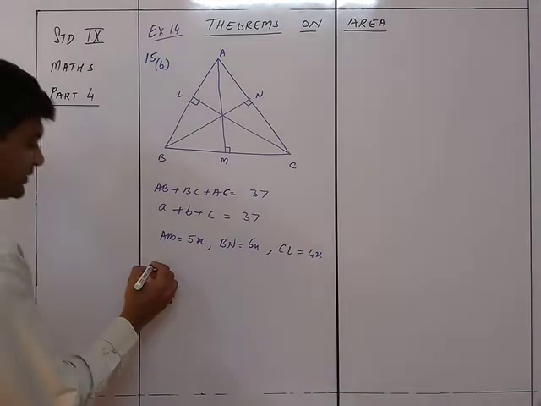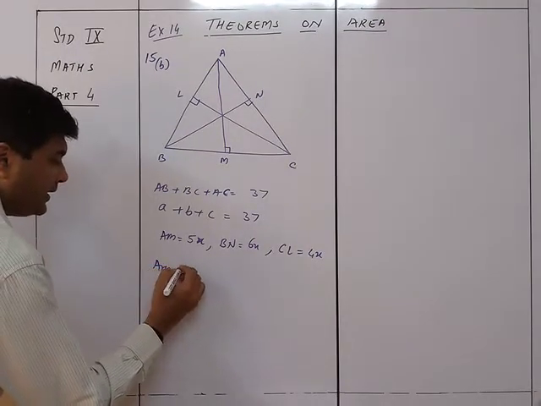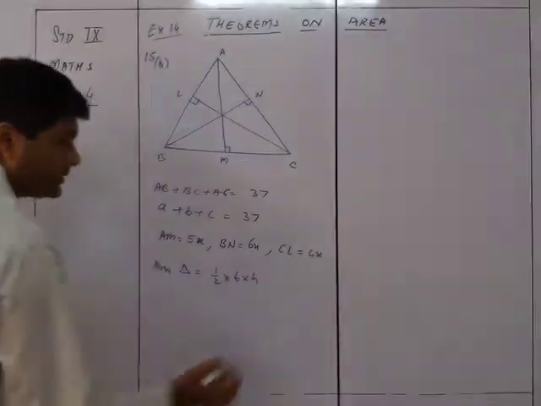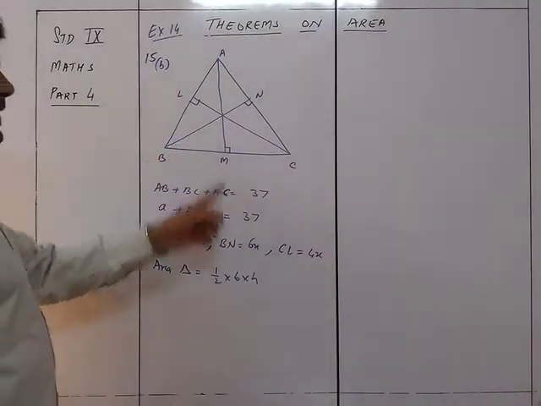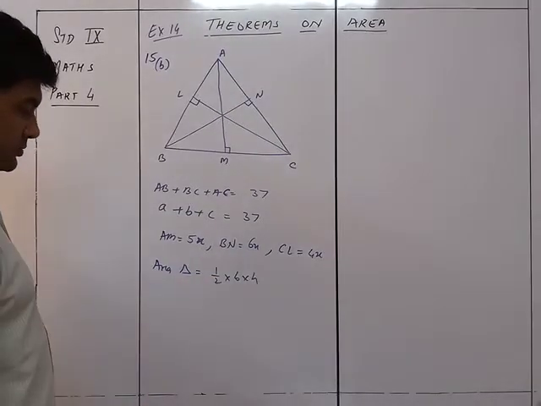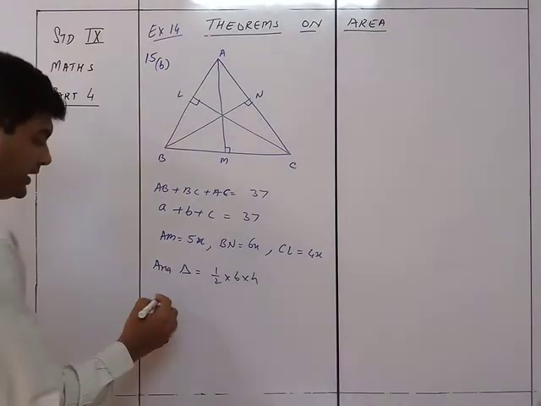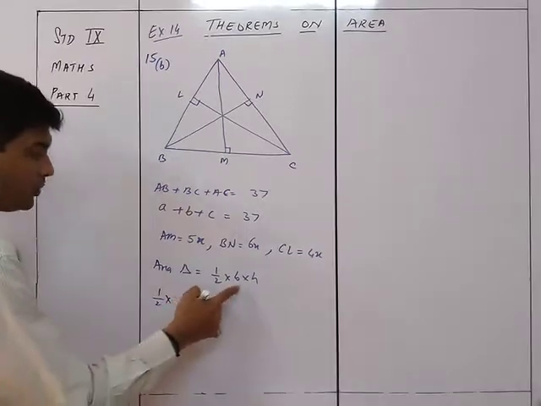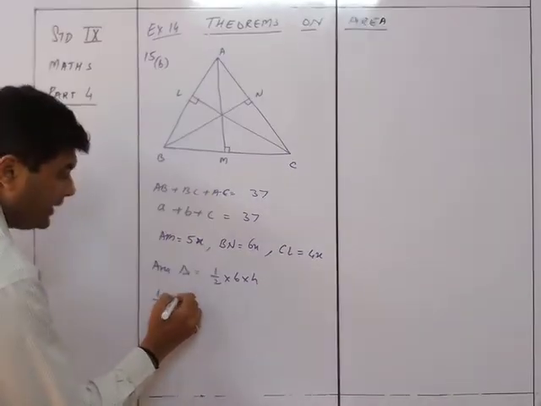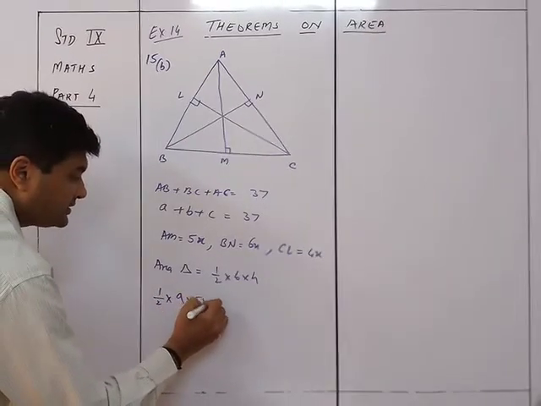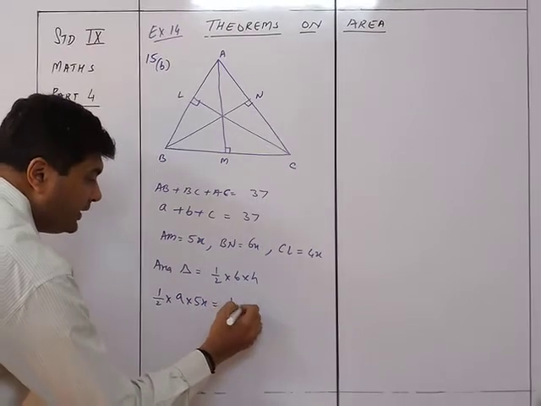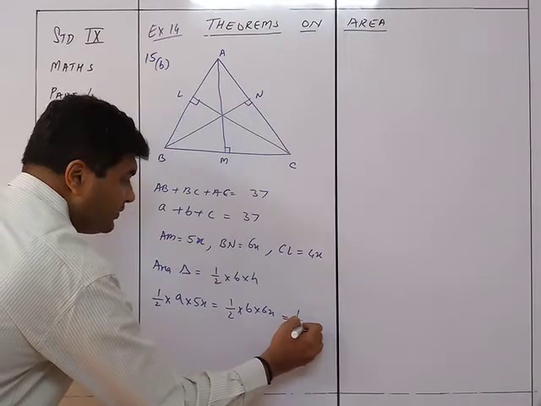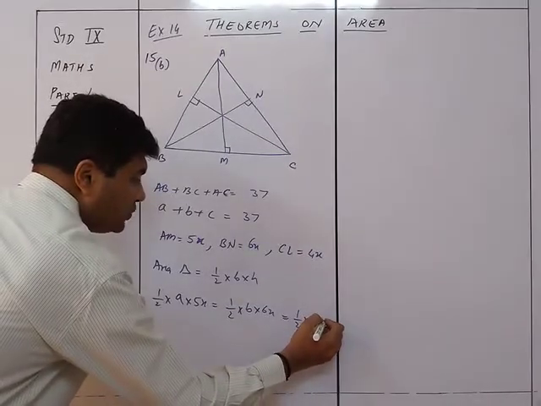So we know one thing, that area of triangle is equals to half into base into height. And we have got 3 bases and 3 heights over here. So the first equation would be that half into base will be A into 5x is equal to half into B into 6x is equal to half into C into 4x.